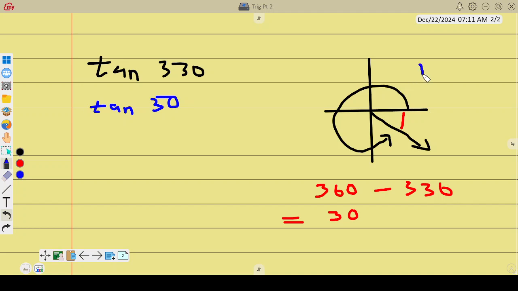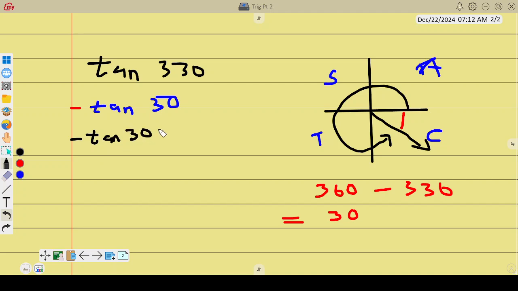All Students Take Chemistry. If the angle is in here, tan could have been positive, but in here, this is the area for just cos. So tan is negative. So I have negative tan 30. And then you would have to work out tan 30. What is tan 30?